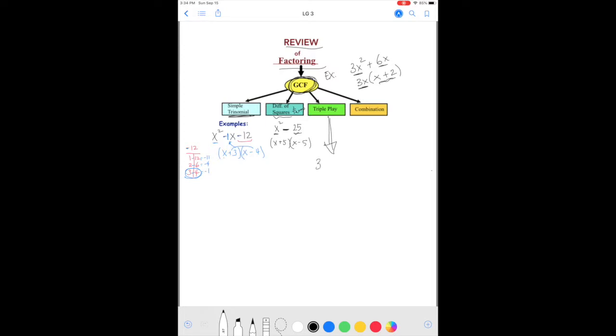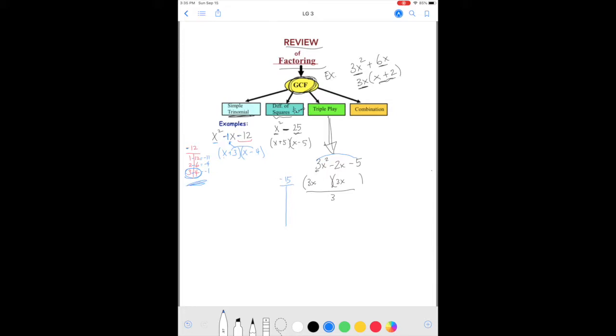So if we have something like this. Now, triple play is this. We do what's called the setup. That's the first play. You take this guy, 3x, 3x all over 3. Then we take the two outsides and multiply. So we get our negative 15.